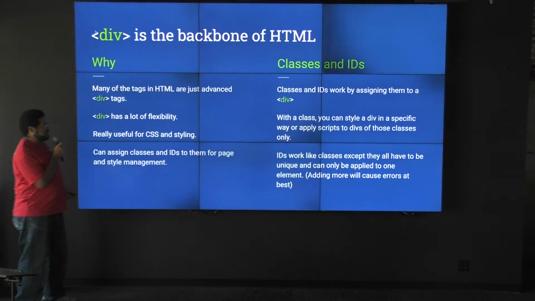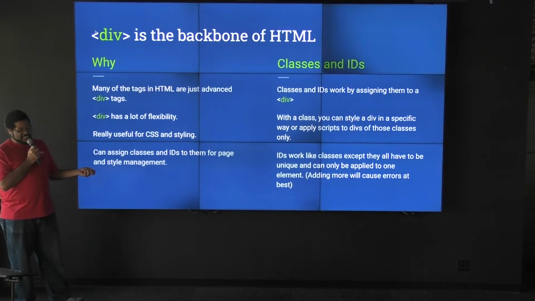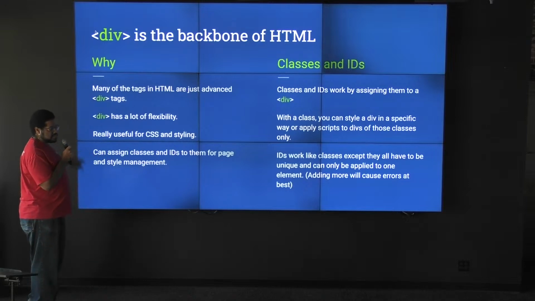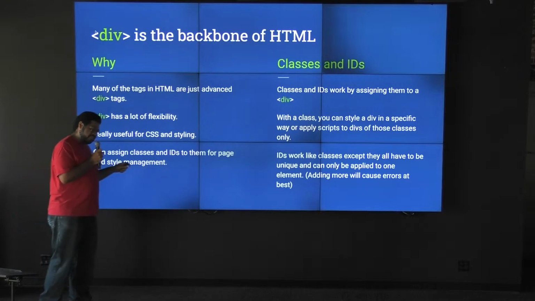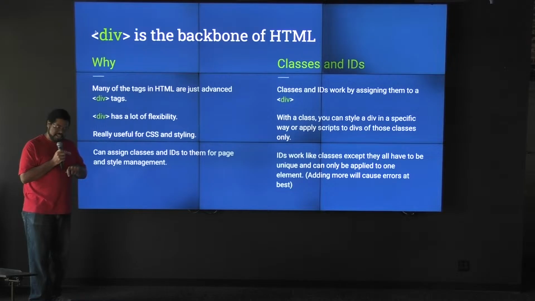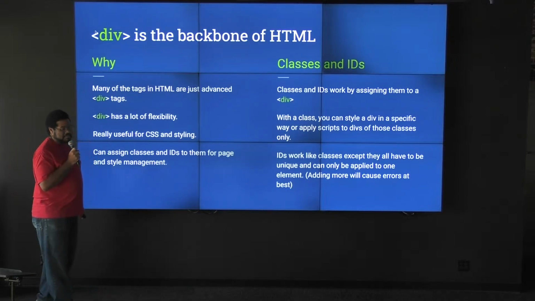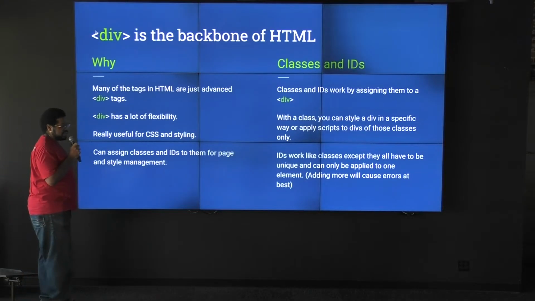If you have a div, you can put an ID to it, and once you add the ID to it, you can attach JavaScript files, and the JavaScript files will mess with the div with the ID next to it, or a CSS file, and it will attach to the div that has the ID or class name, and you can adjust the way it looks without affecting any of the other stuff.